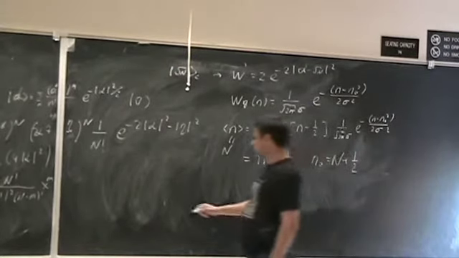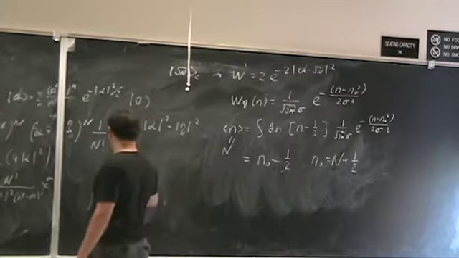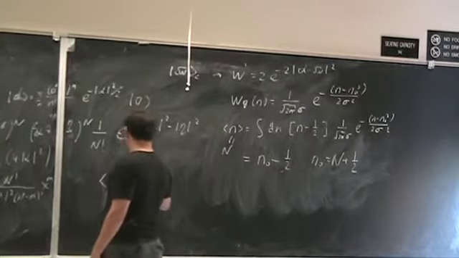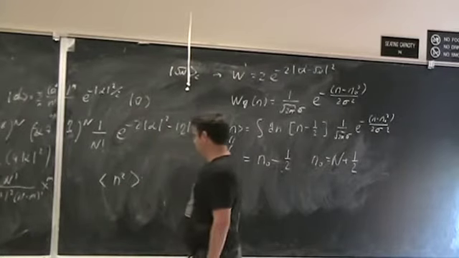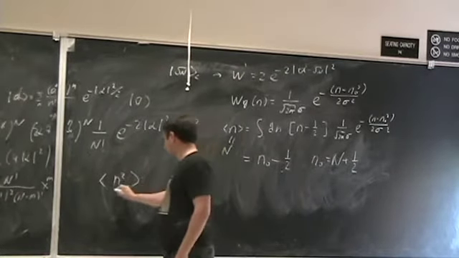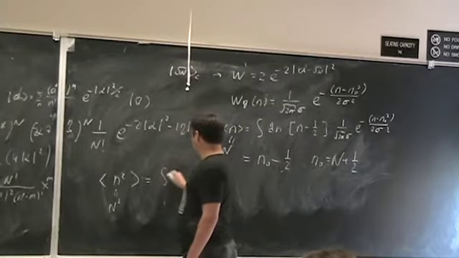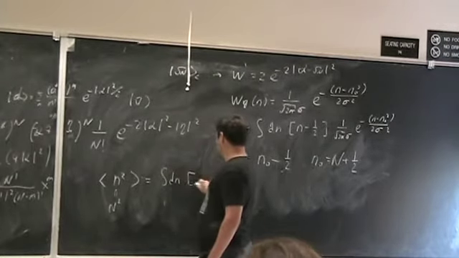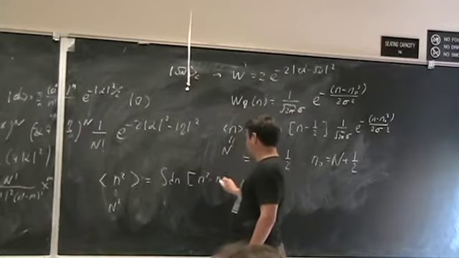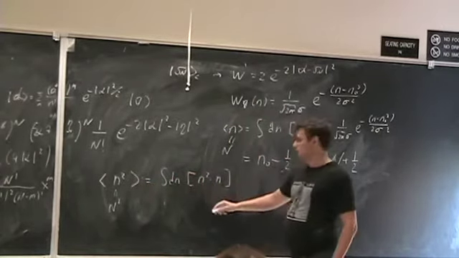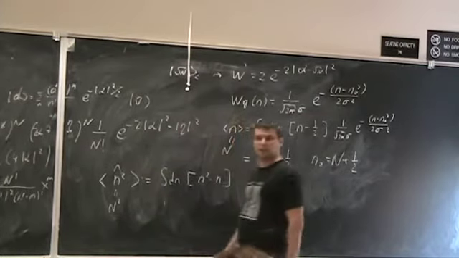So now let me try to do the same with n squared. So this should be exactly n squared. On the other hand, it should be the integral over dn. Here we have n squared minus n, because remember, the Weyl symbol for n squared was n squared minus n.